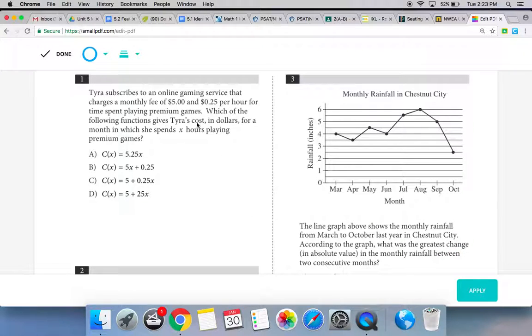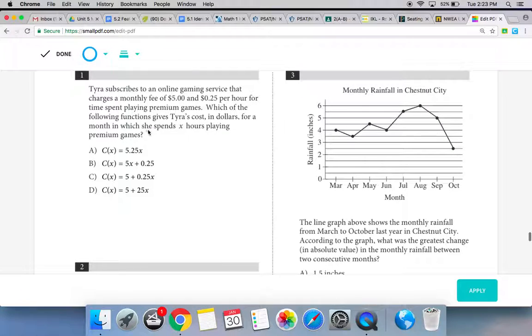After reading the question, you should figure out and determine that it's going to be a linear equation, which is y equals mx plus b. Because the monthly fee is $5, that is your starting amount or your b.